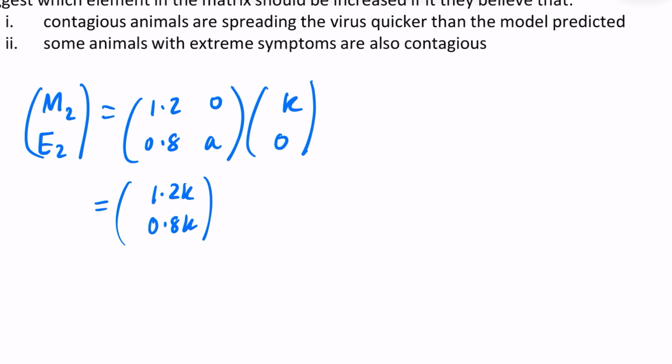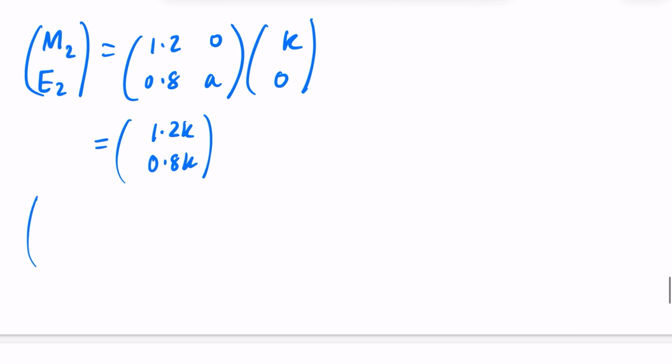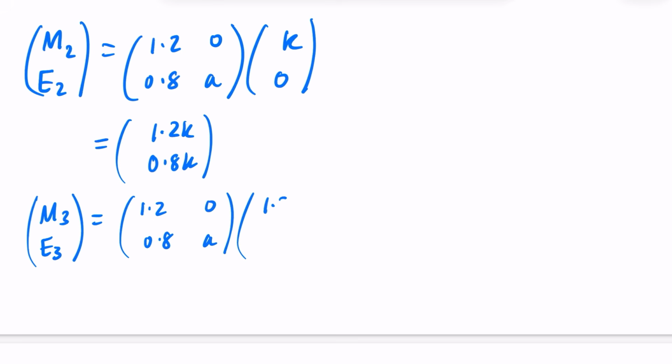So if I now want to find out what it will be like on the third day, my M3 and my E3, I can apply the matrix 1.2, 0, 0.8 and a. I can apply it to how many there were on the second day, which is 1.2k and 0.8k, and I can multiply this out. So 1.2 times 1.2k, that's 1.44k, and then you get a 0 for the next part.